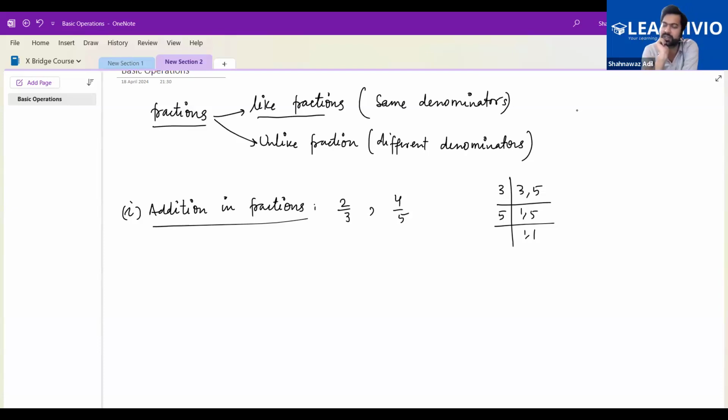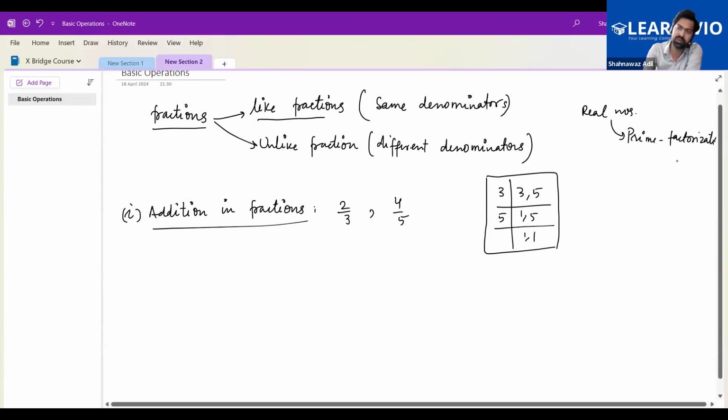You have not studied real numbers yet, so I cannot talk about the LCM, right? But you already know this method to calculate the LCM. There are other methods in real numbers. When you do the real numbers chapter, you will learn a particular method, which is the prime factorization method.